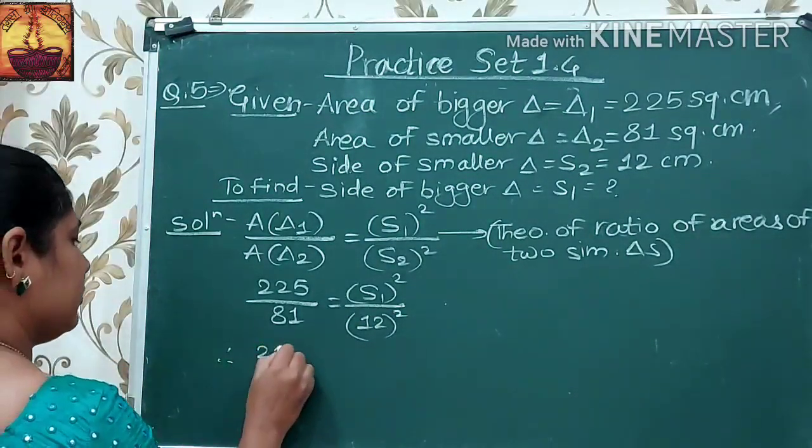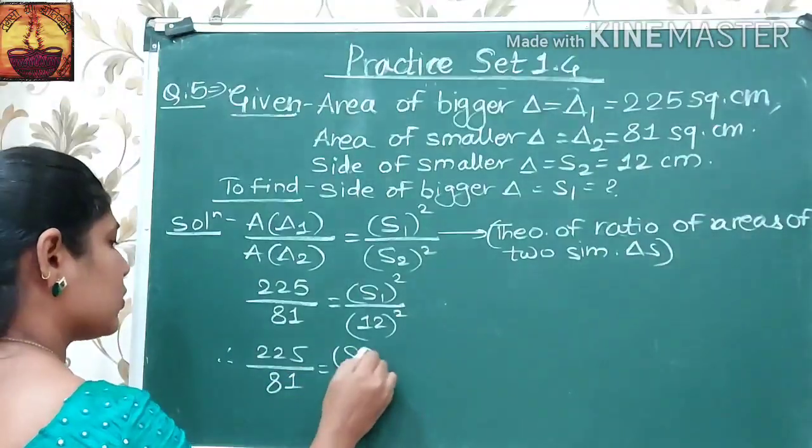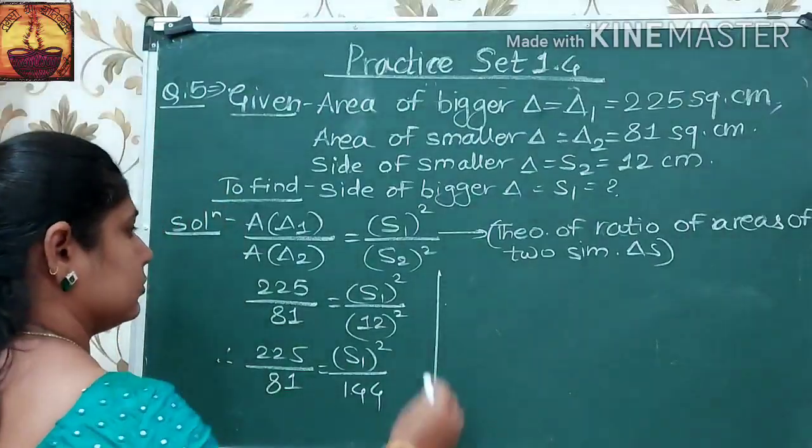Therefore 225 upon 81 is equal to S1 square upon 12 square, which is 144.